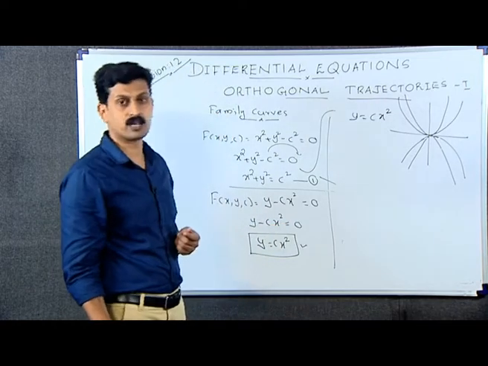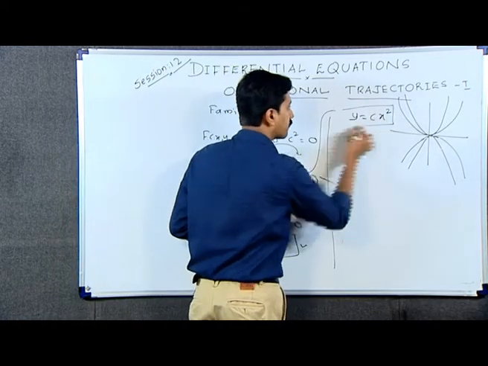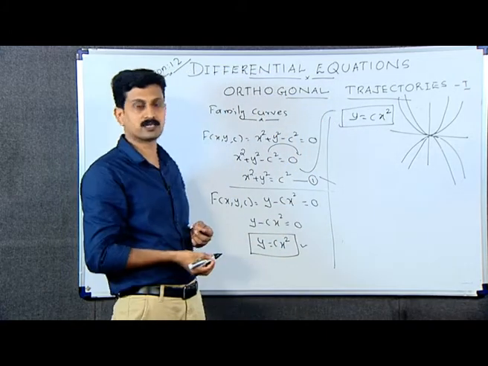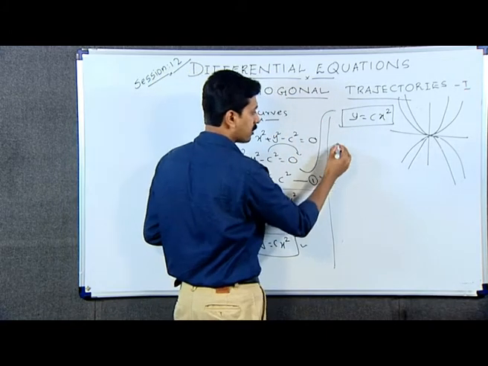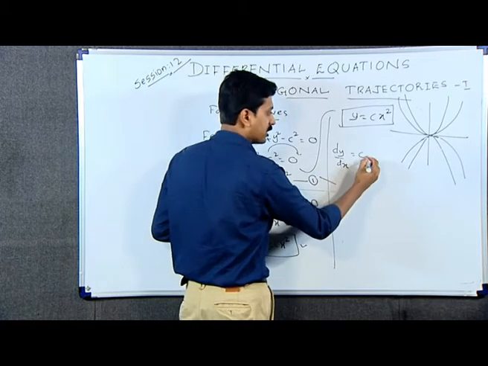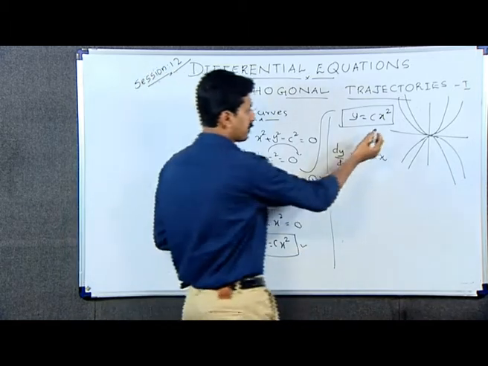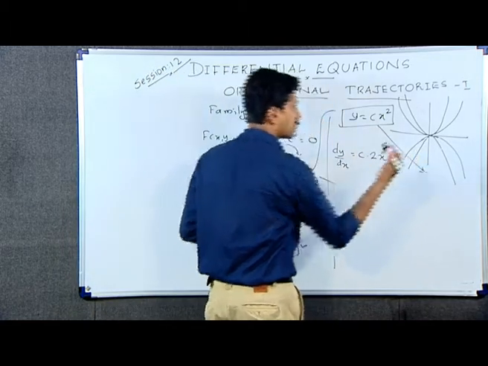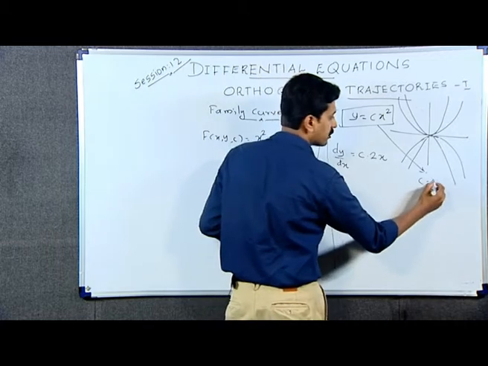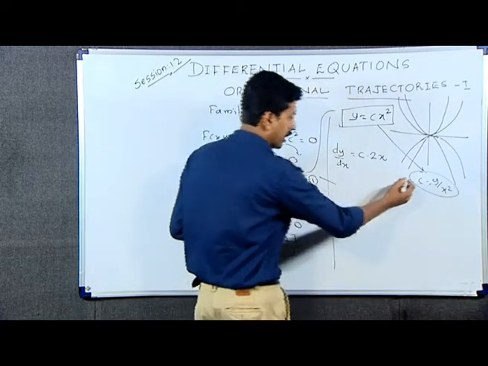What will happen after differentiating? While differentiating on both sides, we will have dy by dx equal to c into the derivative of x square, which is 2x. From the equation of the parabola, we have c is equal to y by x square. Replace the value of c here.